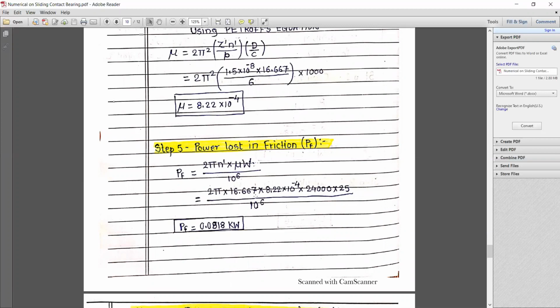While calculating the power loss, the equation is given: Pf is equal to 2 pi n dash mu W R divided by 10 raised to 6. So 2 pi into n dash, that is 16.667, then mu 8.22 into 10 raised to minus 4, W 24,000 and R, that is 25, divided by 10 raised to 6.